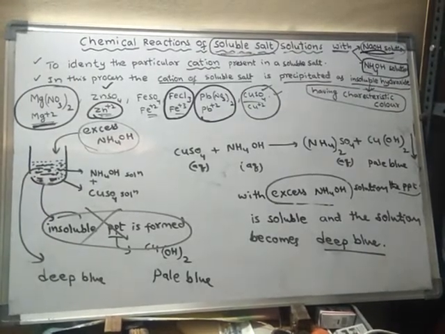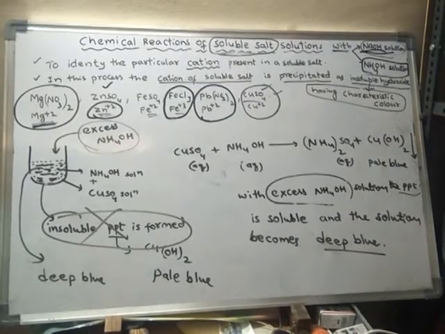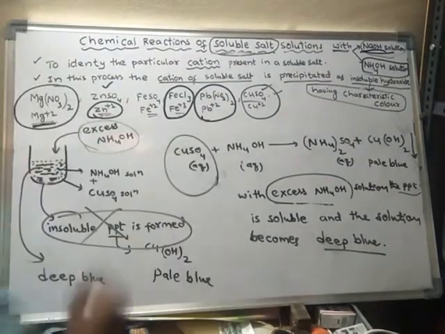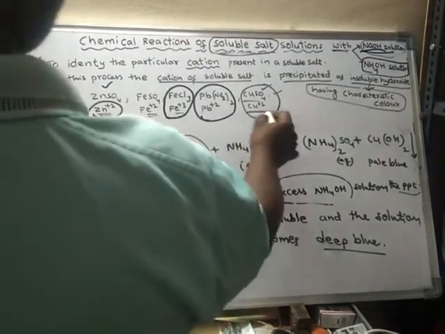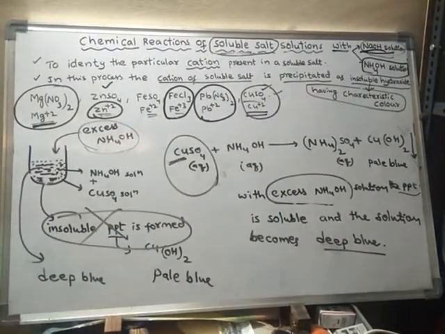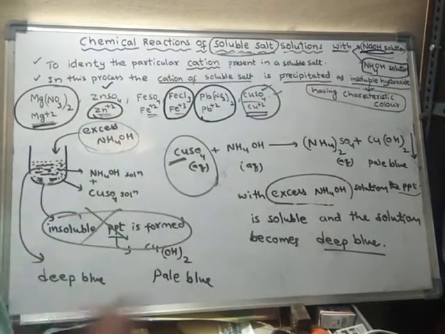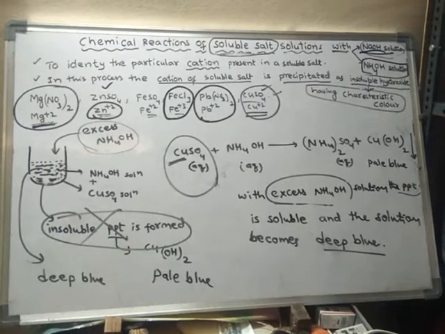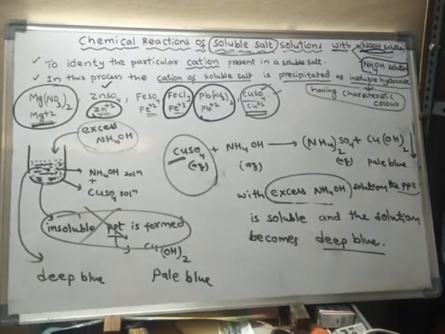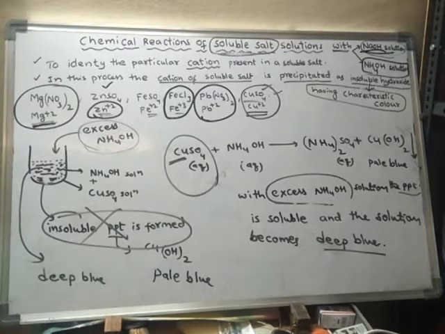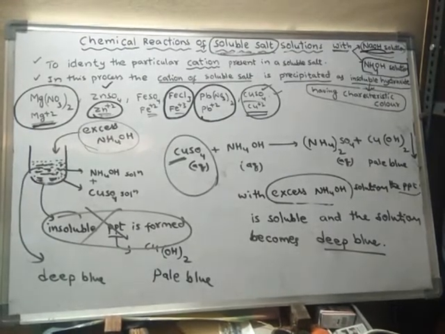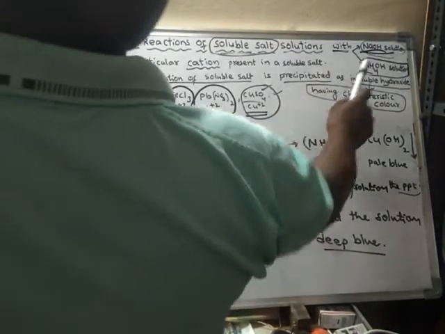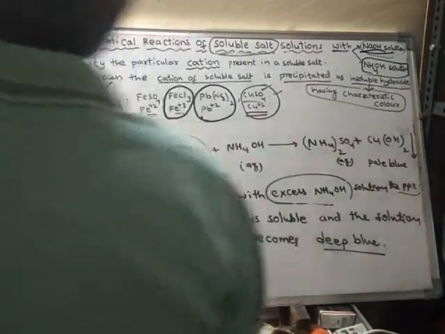So the given soluble salt contains Cu2+ ions. Like this, we can easily identify how the given salt behaves with sodium hydroxide or ammonium hydroxide.